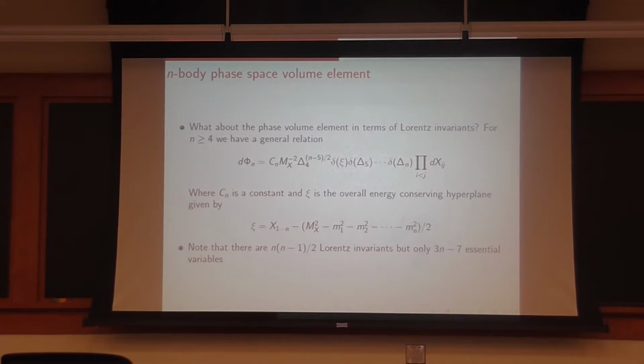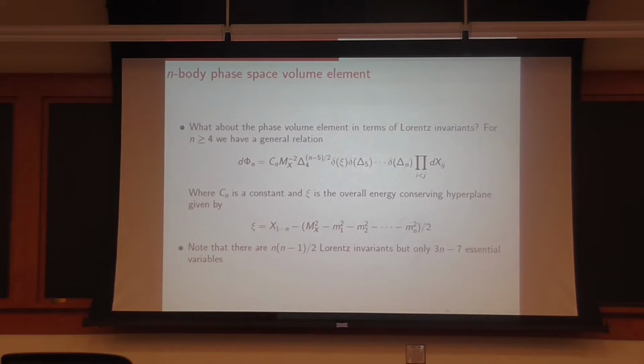Okay, and we also have this overall energy-conserving hyperplane in this case, like we did for the 3-body case. Now you can complain that there are way too many variables here, which is right.